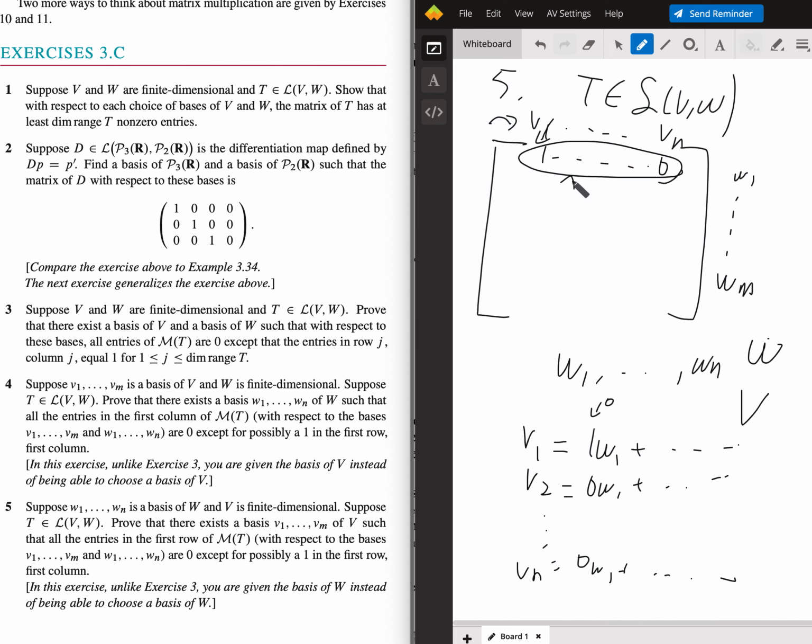But then maybe something else needs to be explored here, which is why some arbitrary VK in here, for example, is not equal to 1 W1 plus a bunch of other junk, right? Maybe that's something worth exploring.